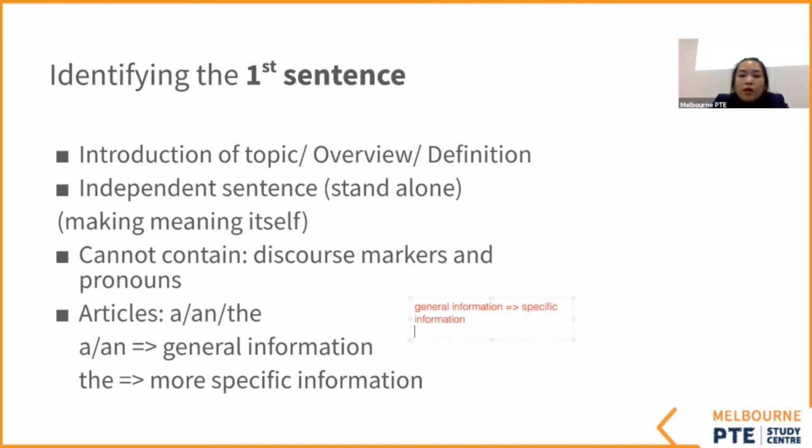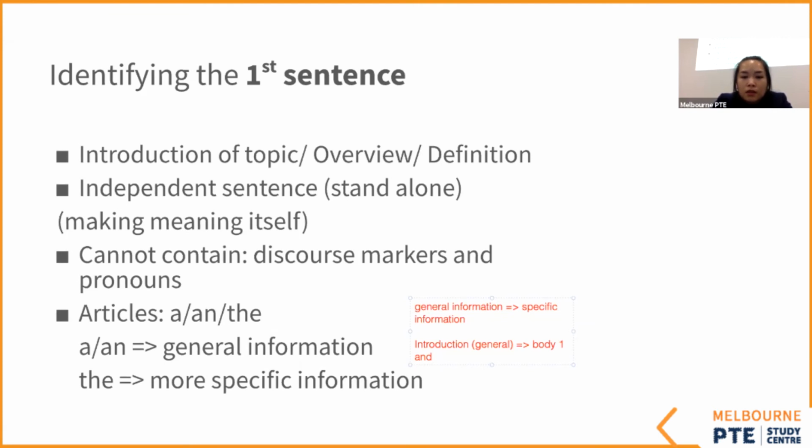Now, remember when you write an essay, first of all, what do you need to do? Introduction. Do you give me the detailed information in the introduction? No, right? So the introduction is going to be general. And after that, you give me body 1 and body 2. That's where you give a bit more specific information.